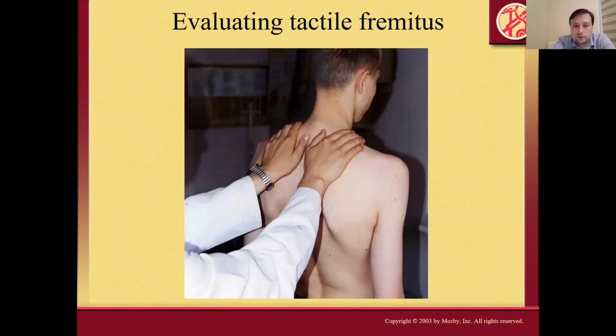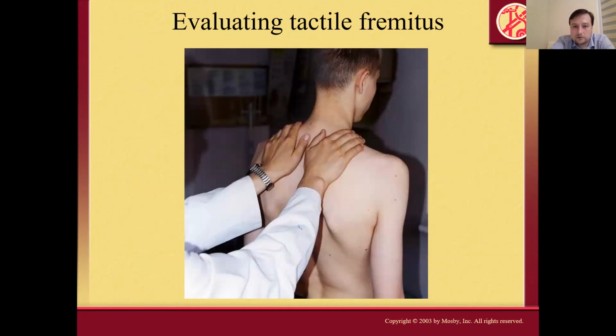How can we do it? We ask the patient to turn with his back. We put both our hands, left and right, on symmetric places and ask the patient to say some words. In healthy patients, we feel the same vibrations symmetrically on the right side and on the left side.